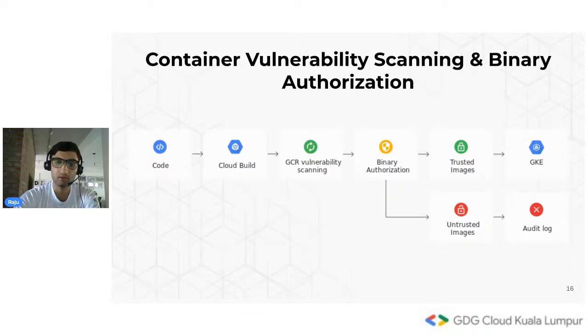That could be low, medium, or high level vulnerabilities, and by checking the vulnerability level within the container, we can decide whether it needs to be running on production or not, or what actions we need to take for managing or removing those vulnerabilities for the container which could be running on our GKE.